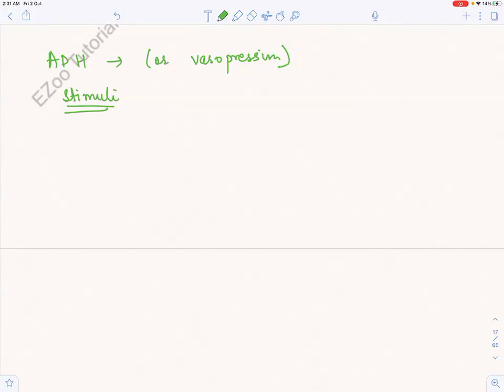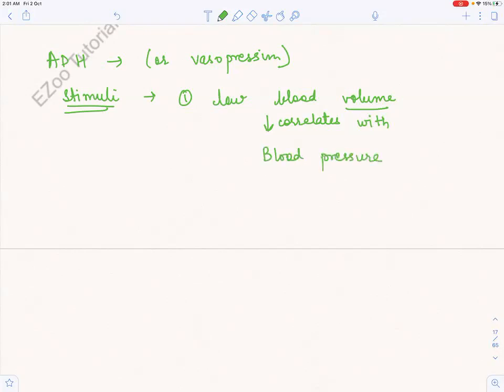The first stimulus is low blood volume. We all know that volume is a direct indicator of pressure, so you can easily correlate the word volume with blood pressure. Low blood pressure.